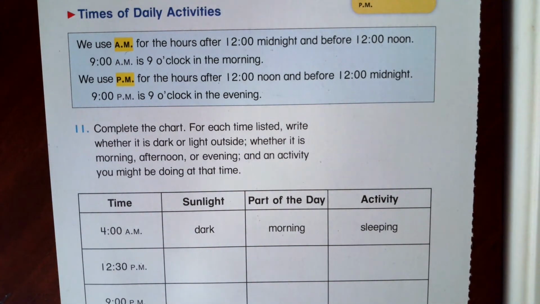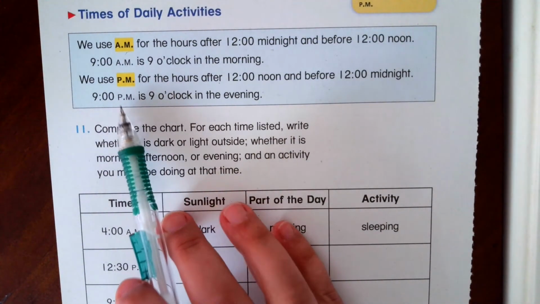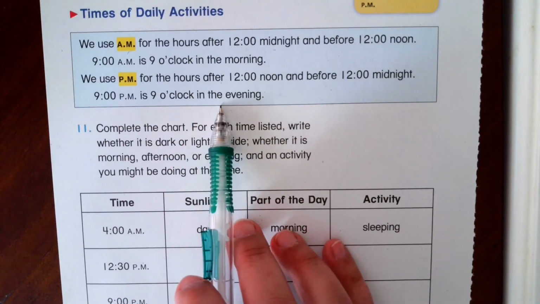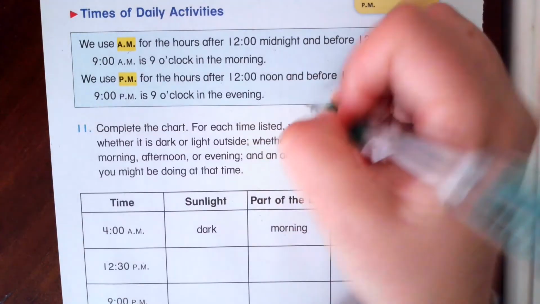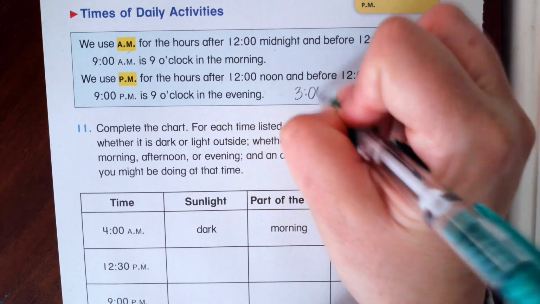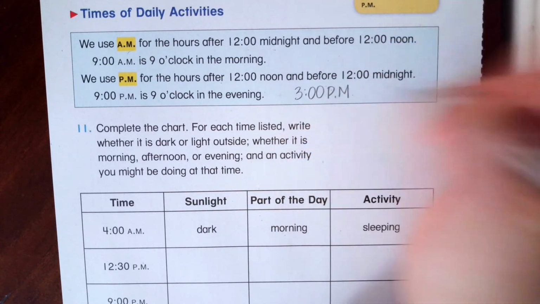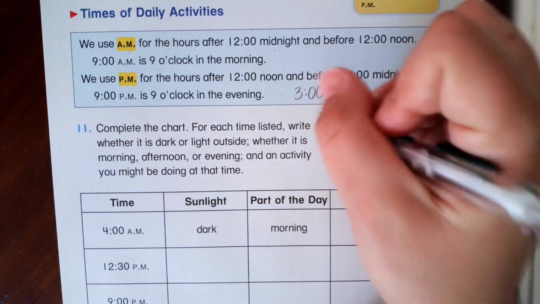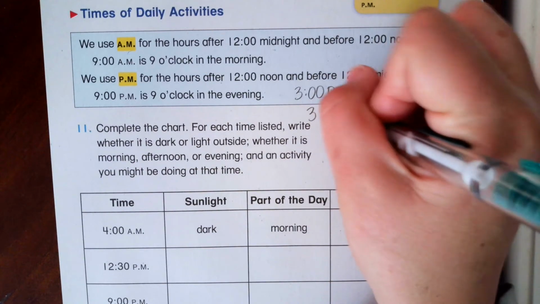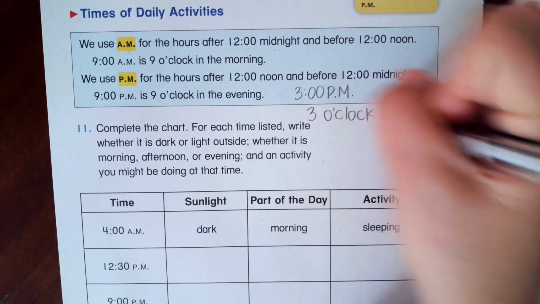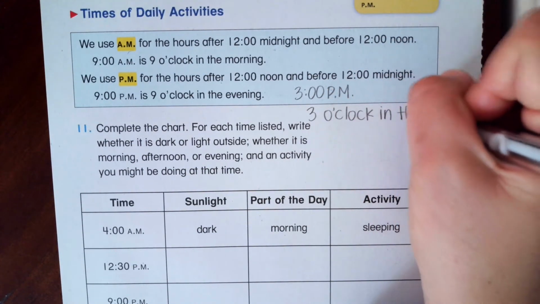Now, this can be confusing because you might say 9 p.m. is 9 o'clock in the evening, or you might say 3 p.m., which is 3 o'clock in the afternoon.